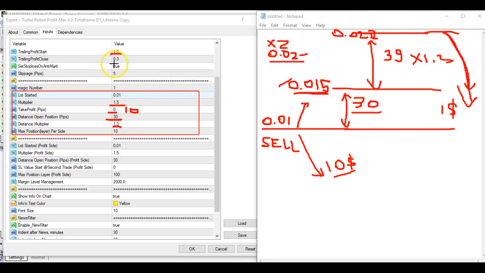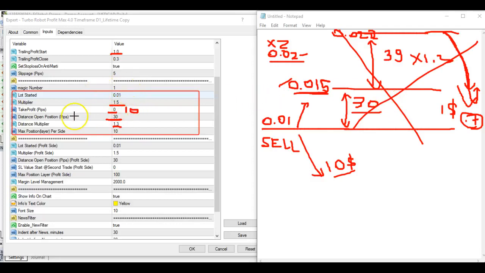And then the moment the market is coming back a bit, and it is equivalent to $1 minus 0.3, which is 0.7, then I will close all this trade. So that is the concept here.